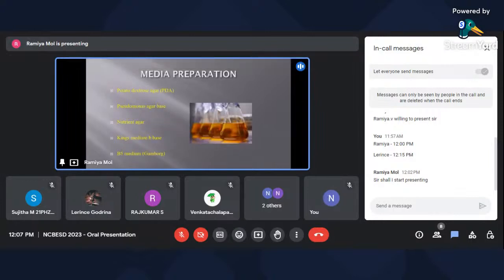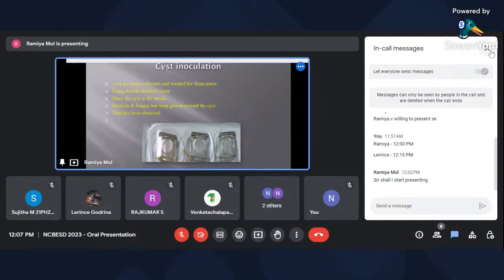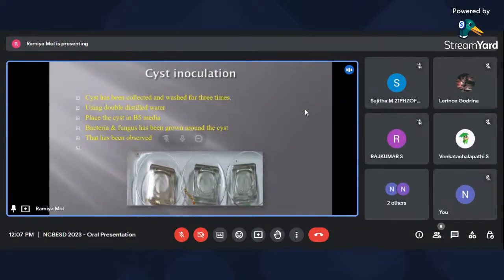Here, these are the media I have used for growing the bacteria and fungus. So for cyst inoculation, I have used B5 media. I have done surface sterilization for the cyst with distilled water about 3 times, and I have placed the cyst in B5 media.